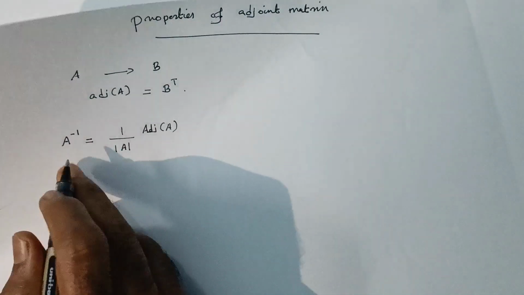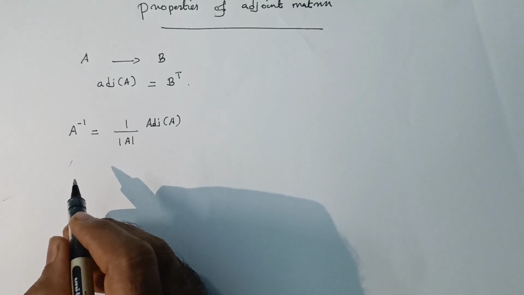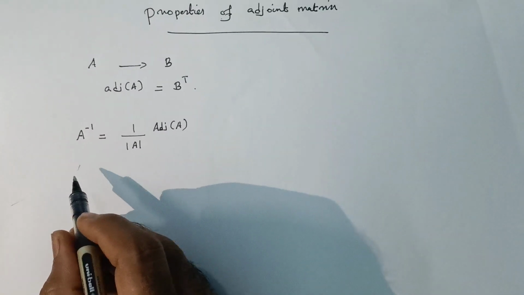From this equation, we can find a property by left cancellation.